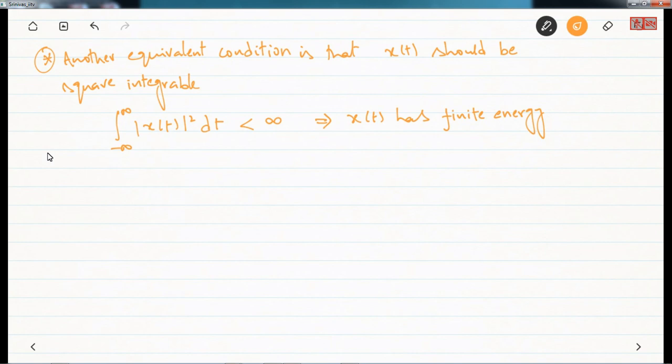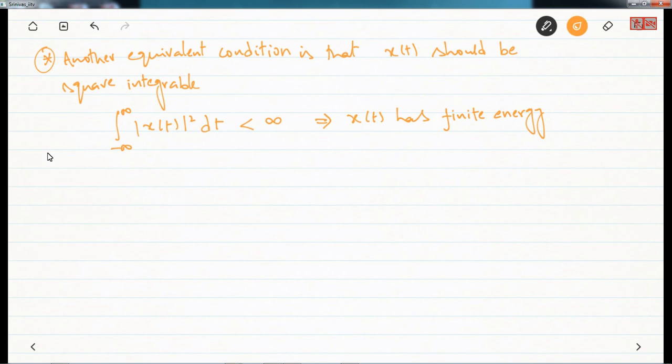And if the signal satisfies the finite energy condition, what is the equivalence between x of t and x of j omega? So there are some finite differences. We don't need to go into much depth on that aspect.